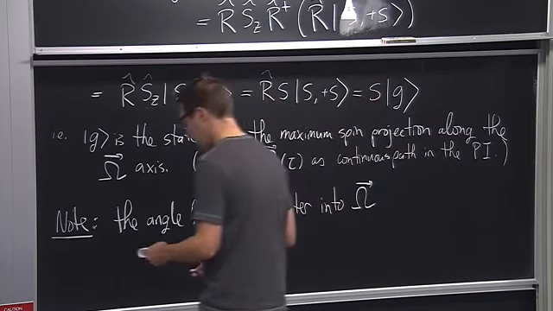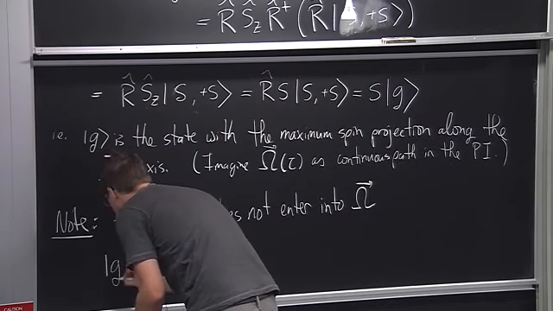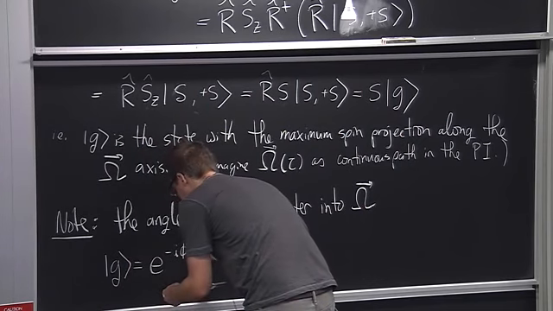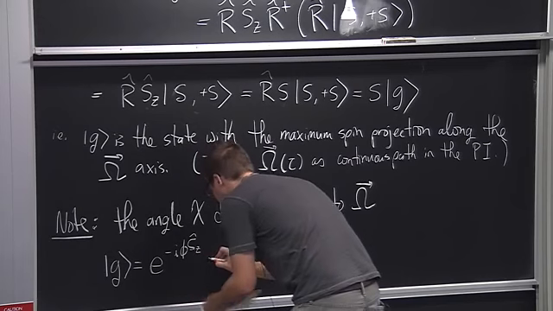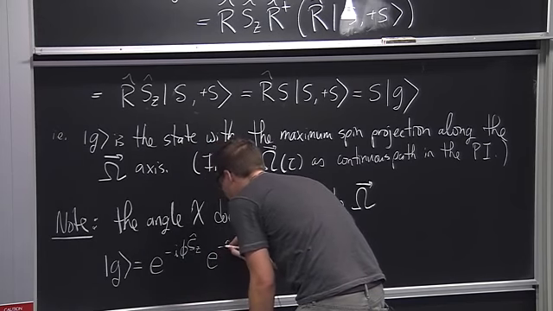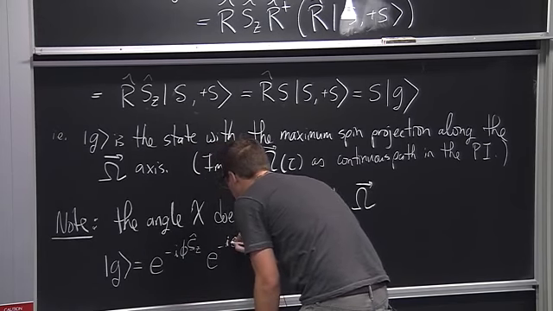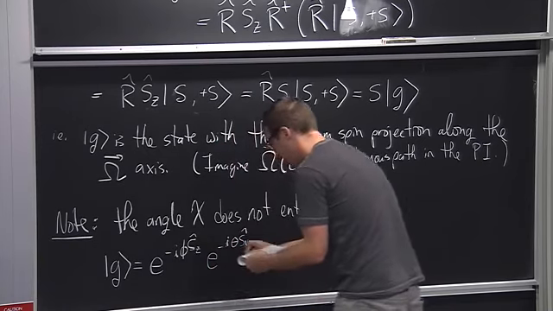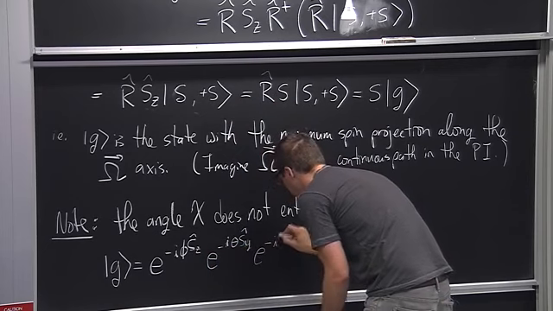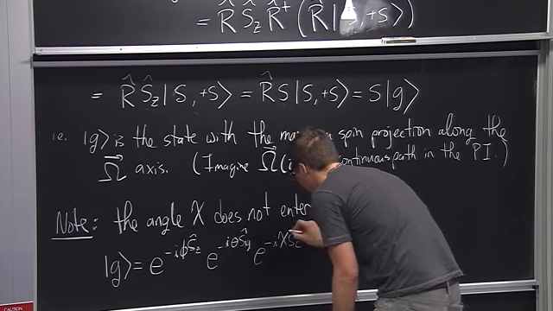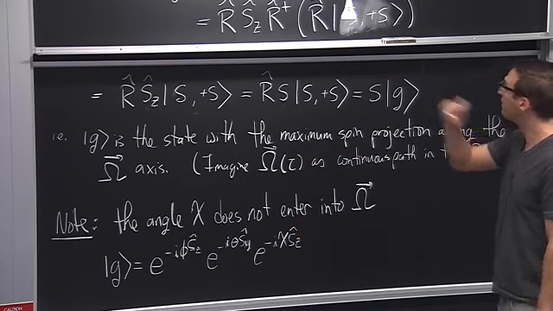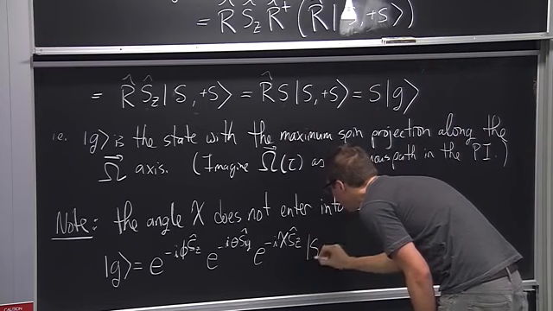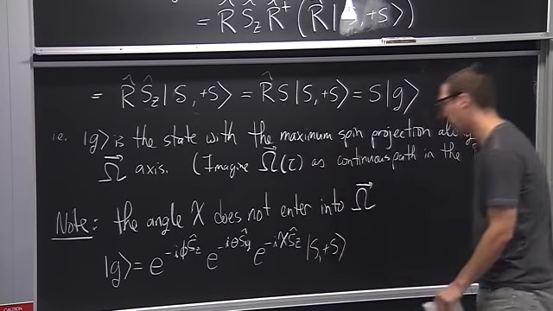So the reason is, if I write this coherent state, if I write out this R operator, e to the i theta S Y, that's my R operator, and S and the maximal eigenstate of SZ.